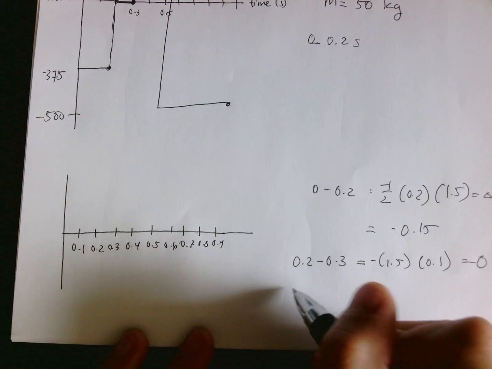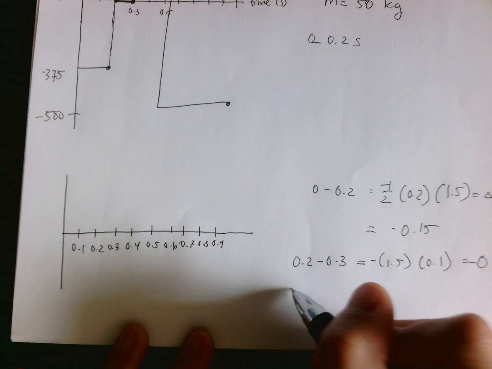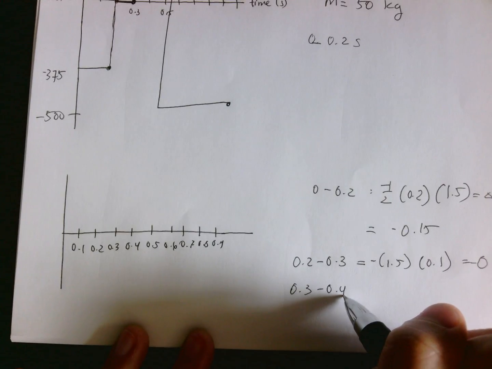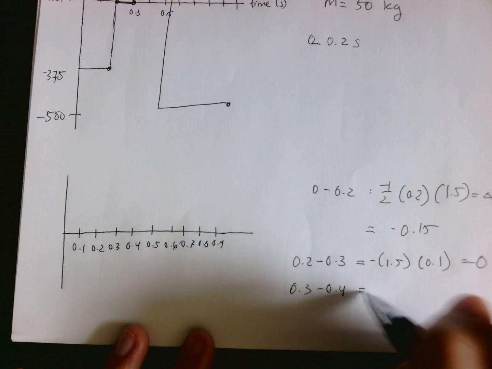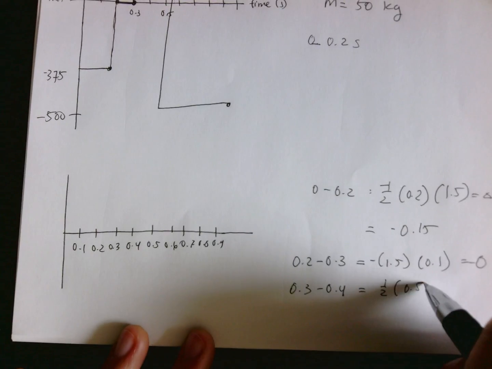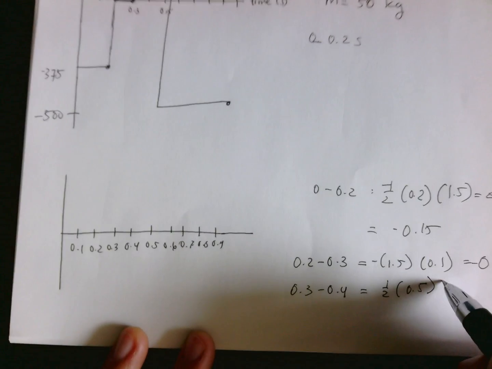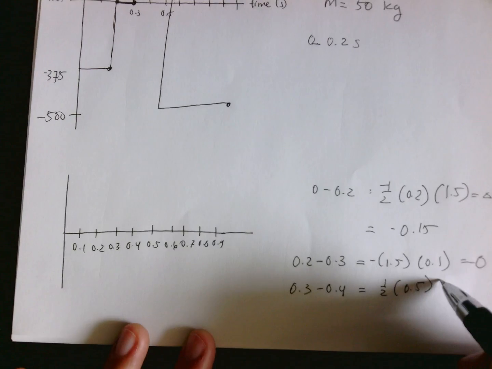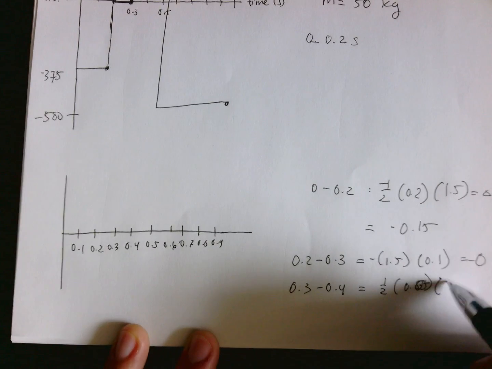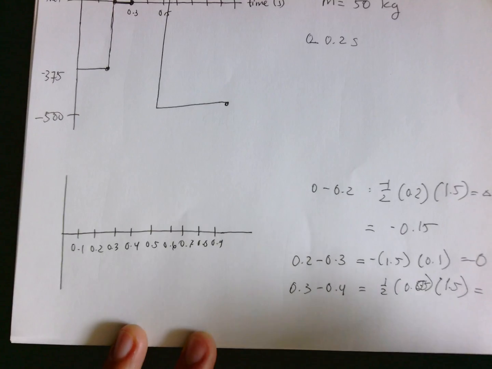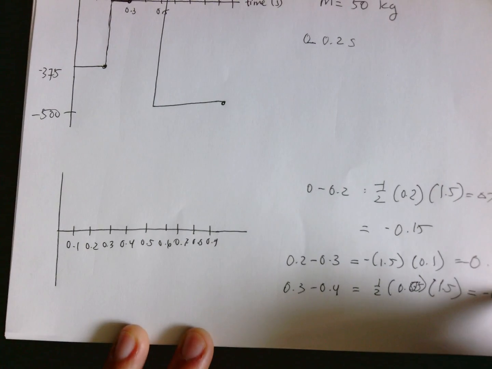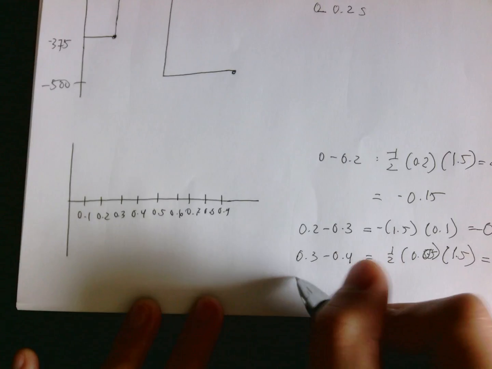And then from 0.3 to 0.35, we're going to see a delta x of 1/2 times 0.05 times 1.5, which is going to be negative 0.075.